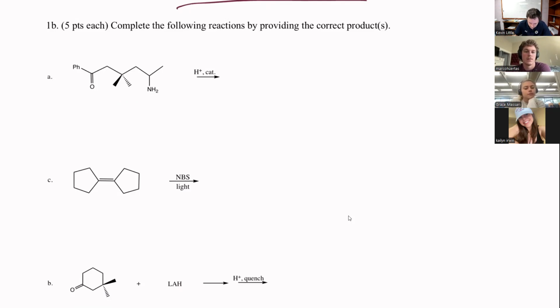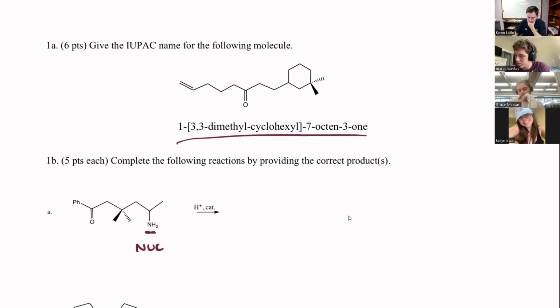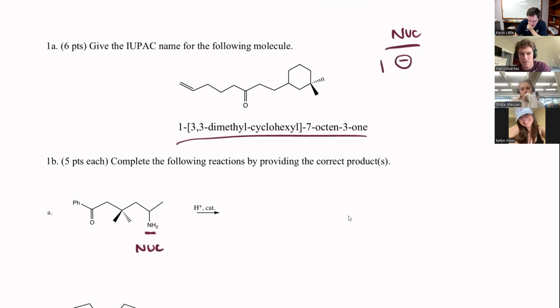NH2. This amine screams nucleophile to me, right? We've done the chart. Just a reminder, nucleophiles tend to be anything that's negatively charged or something with a metal on it.